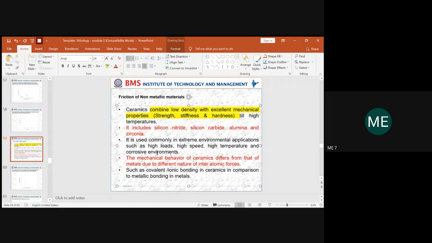Along with that, they should have the capability to bear high loads, to run at high speed, to withstand high temperature, and should not be affected by corrosive environments. So since it has all this significance, ceramics can be used in very extreme conditions.